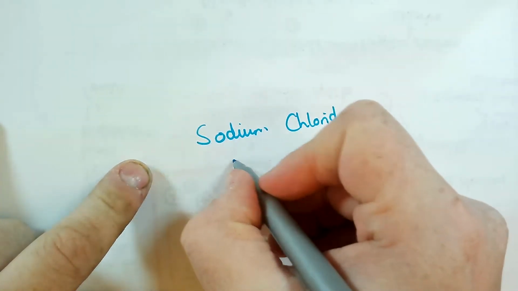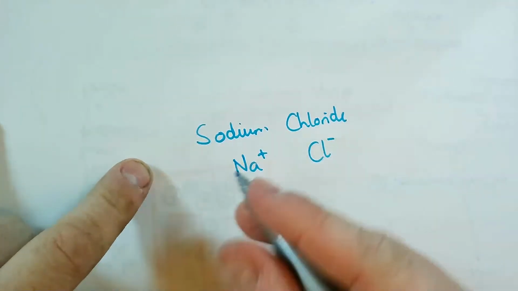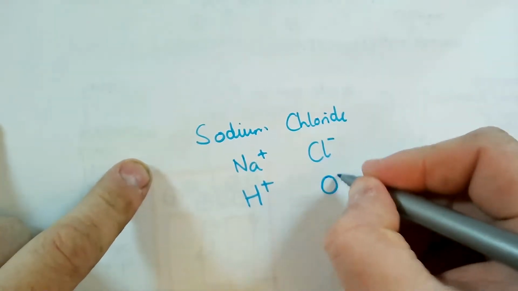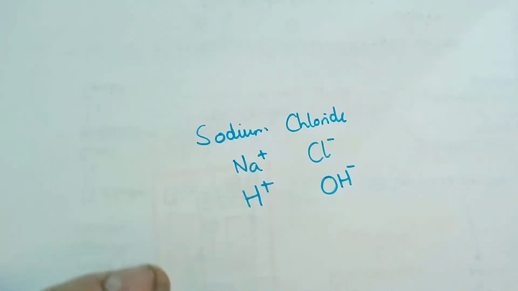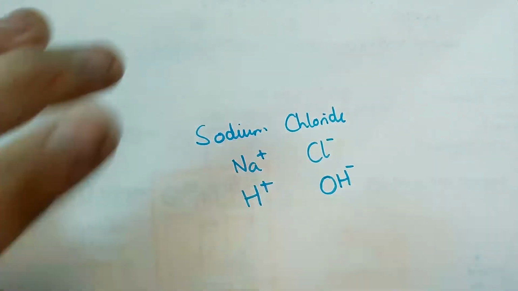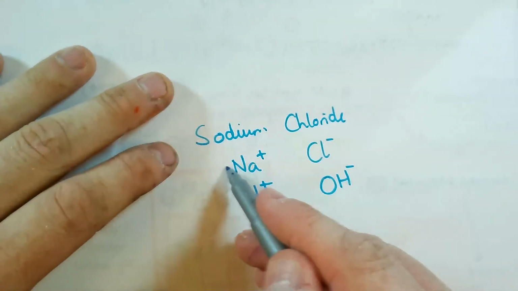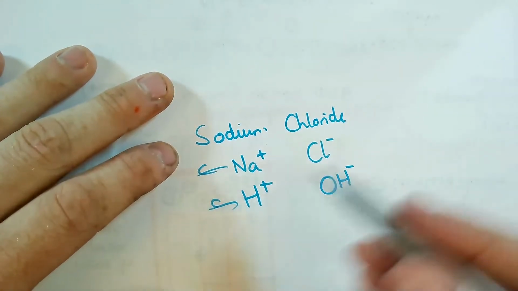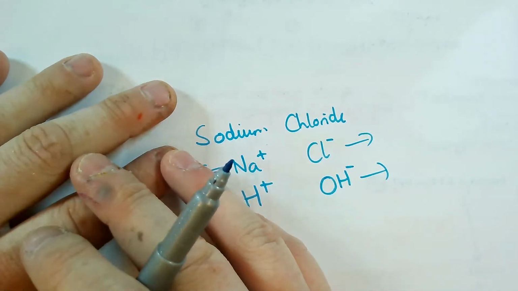I've got Na plus ions and Cl minus ions. If I now dissolve that in water, I've also got H plus ions and OH minus ions. So the question becomes, what do you make? Are you going to get the sodium out, or hydrogen? Are you going to get the chlorine out, or oxygen?